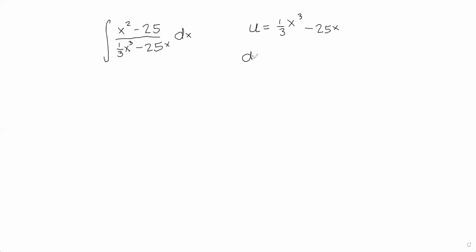So then the derivative of u with respect to x is going to be x squared minus 25. Fantastic. And then I'm going to multiply both sides by dx, which gets us this result. So now let's go ahead and substitute everything back in.